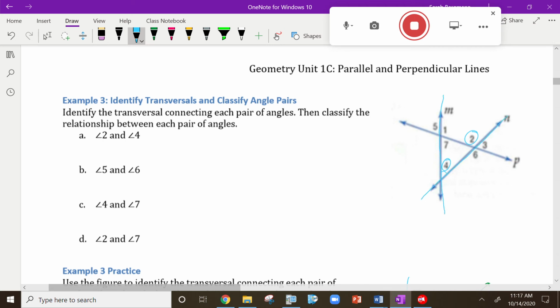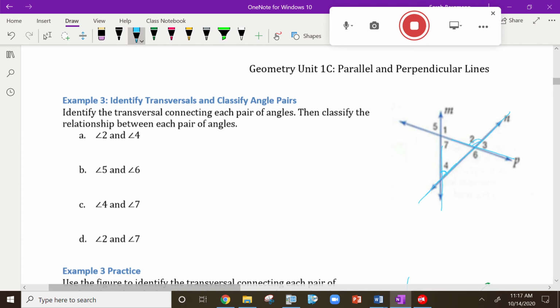So these two lines, M and N, create angle 4. If it helps you to just highlight them partially, that would work too. Angle 2 is created by line N and line P. So which line is used for both angles?